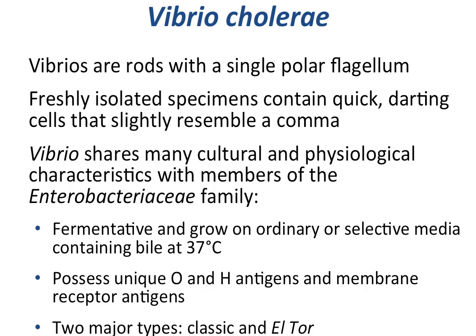So the Vibrio shares many culture characteristics with the Enterobacteriaceae family. Okay, because it is fermentative and grows on ordinary media. It has the O and H antigens. Two major types are the classic and El Tor.